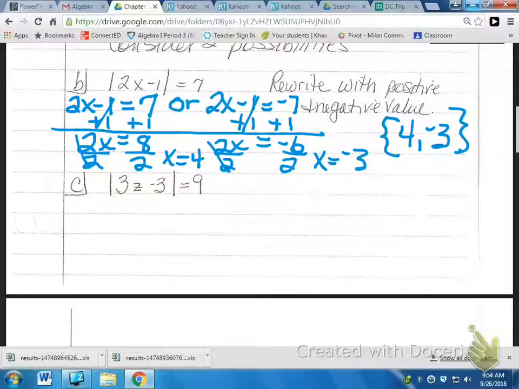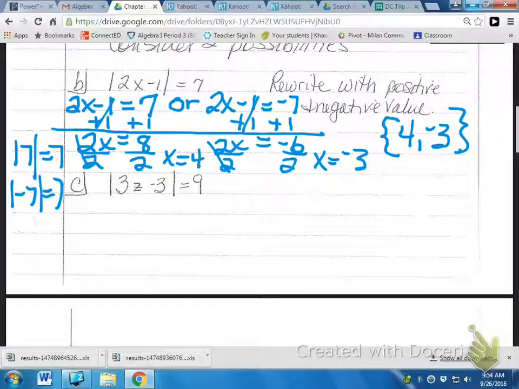Questions about that? Yes? Okay, because if you had absolute value of 7, what would you say that is? 7. And if you had absolute value of negative 7, what would you say that is? So couldn't the inside be either one of those and still give you 7?